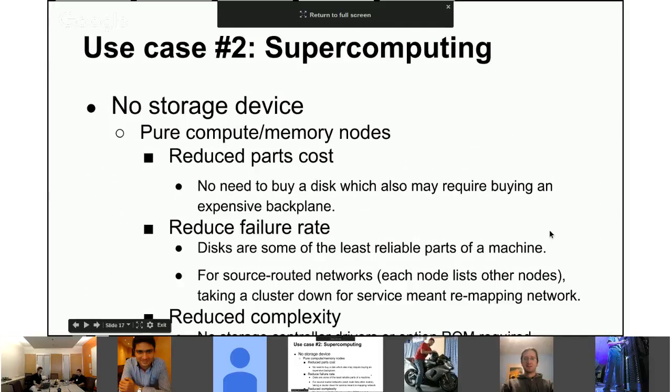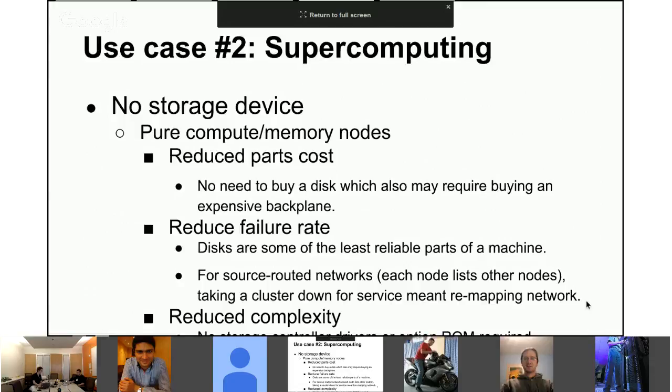To make matters even worse, disks are always the least reliable part of the machine. So, for this Mirrornet network, basically each compute node had a full list of its neighbors and other machines in the rack, in the cluster, because I guess they use wormhole routing or some fancy routing technique to help reduce latency.